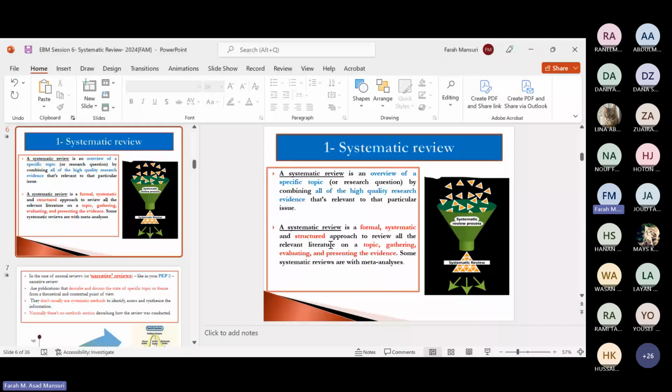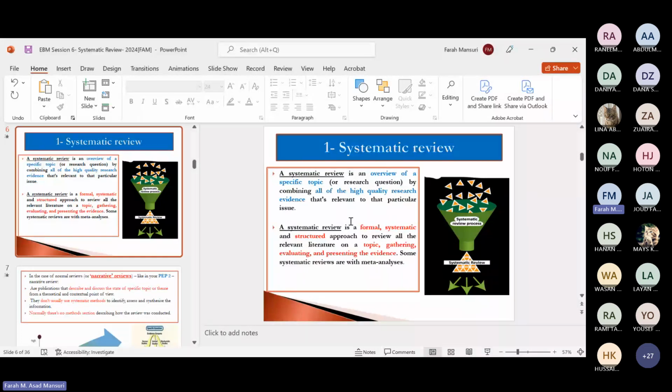This is an illustration that a systematic review actually applies synthesis. That is, it provides an overview of a specific topic or a specific research question by combining all of the high quality research evidence which is relevant to the particular issue.